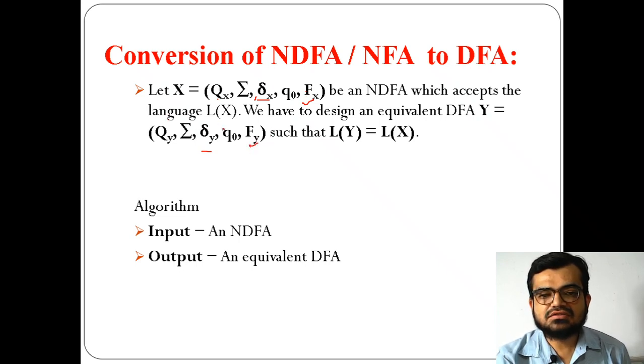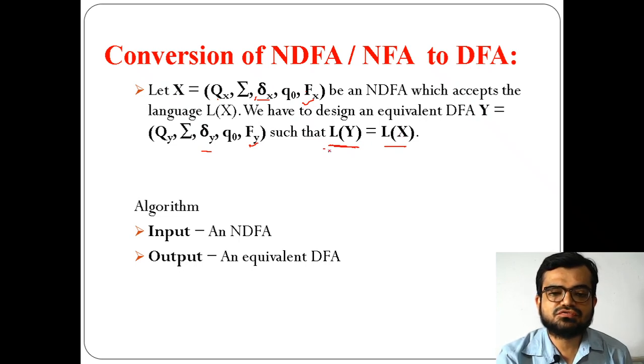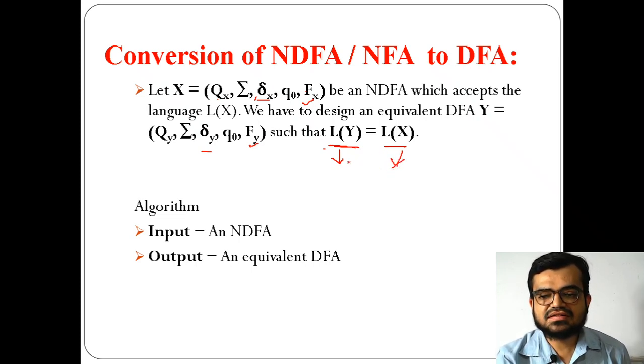It is validated that the given NFA is equivalent to the DFA if the language of this NFA is equal to the language of the DFA. That means ultimately what we achieve from the NFA, we need to achieve through the DFA as well. For example, if they say that the string should terminate with 1, then at the end, if it is 1 in the final state, only then the string gets terminated.